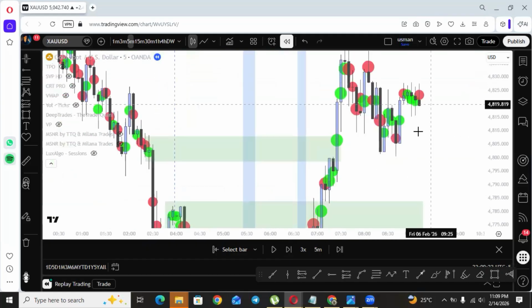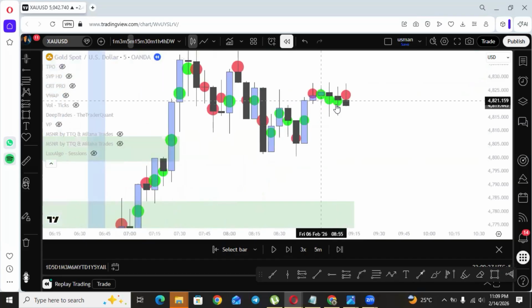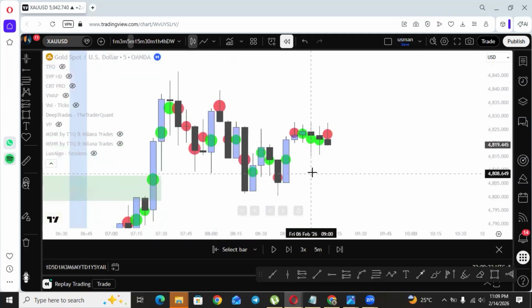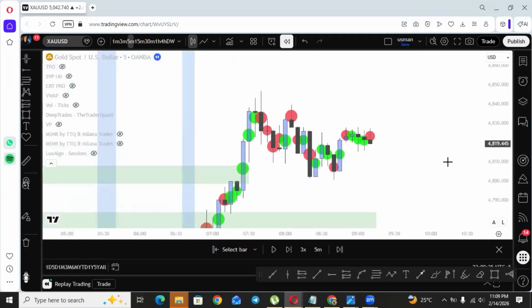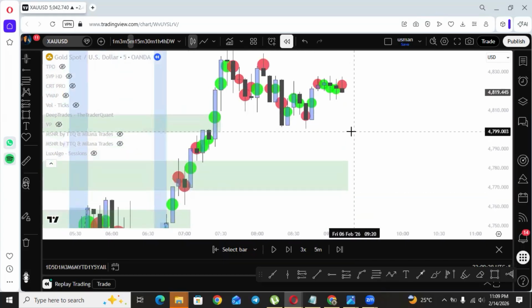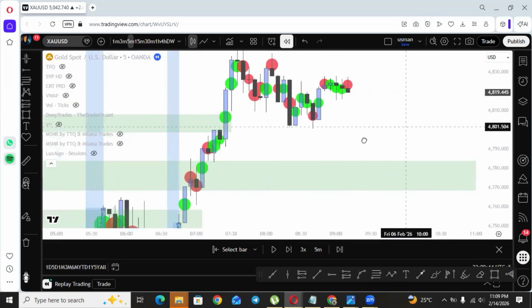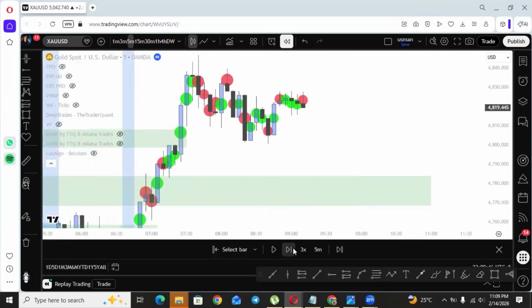Look, buyers are trying their best to push the market up and showing their aggression in the sell candle. Sellers are trying their best to push the market down and showing their aggression in the buy candles. So we just have to wait. These kinds of situations can't scare us because we know what's happening between them. And when one party wins the war, we will enter with that party.